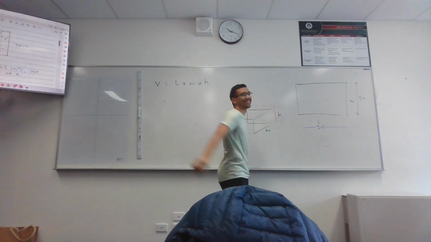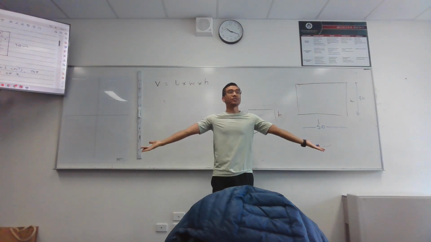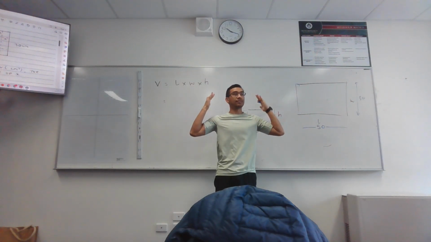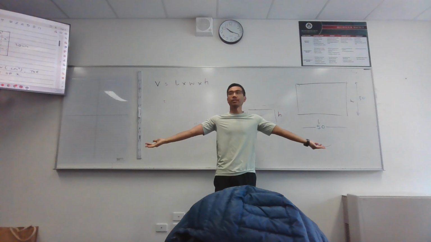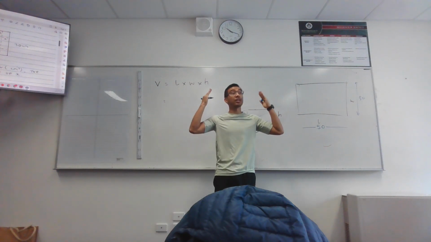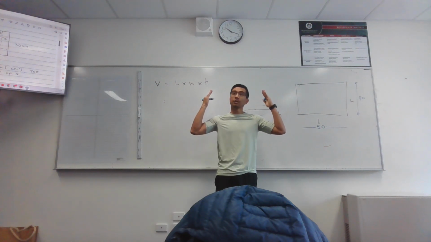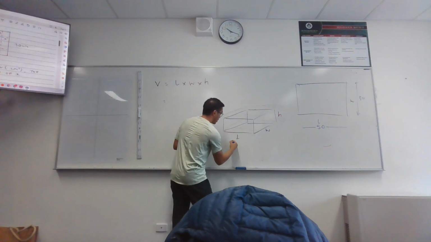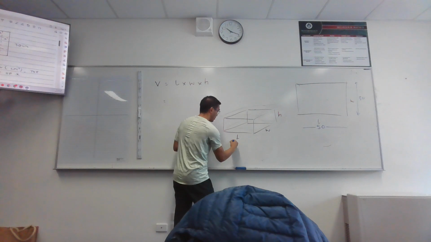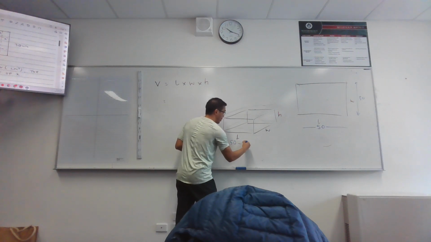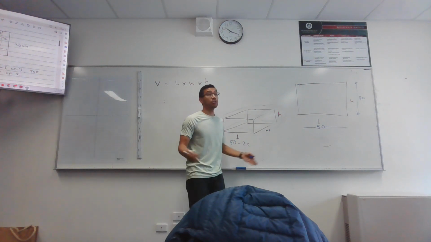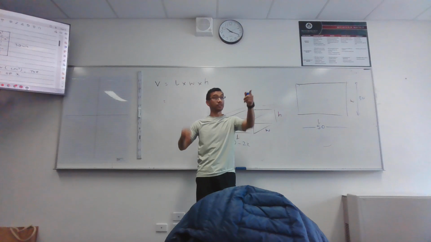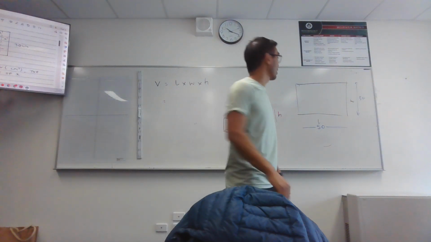When things get folded up, you lose edges. If I fold a side up like that, how many edges am I losing? 2. So we must take away, if I fold our box up, it's no longer 50. It's 50 take away 2 sets of our corners.